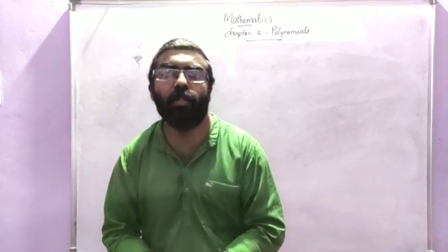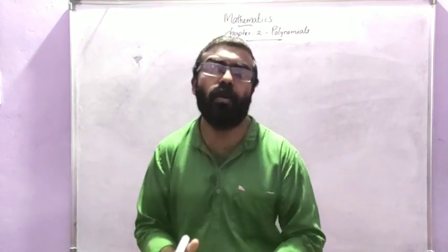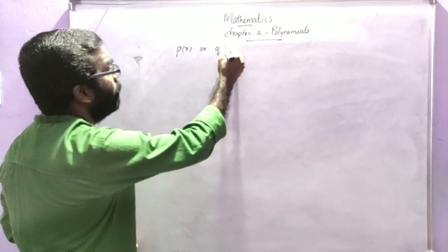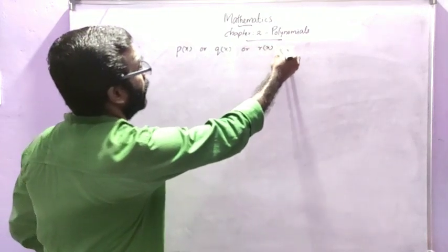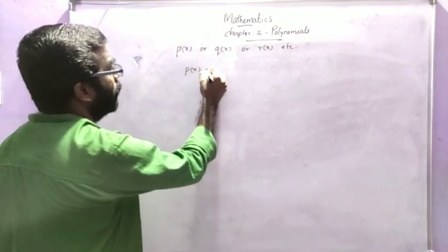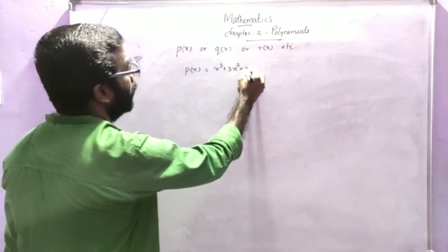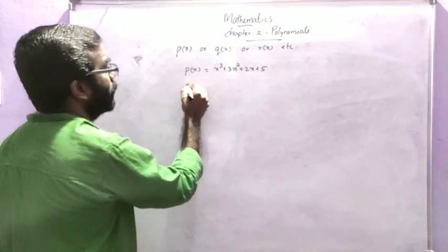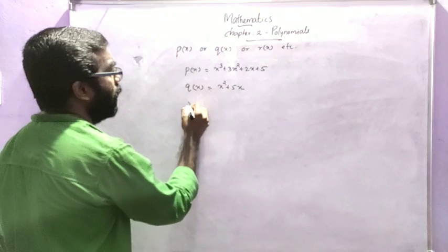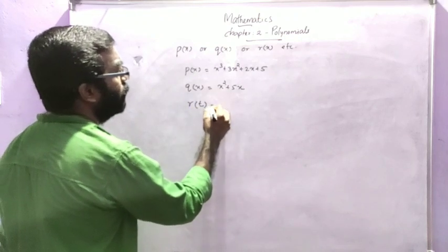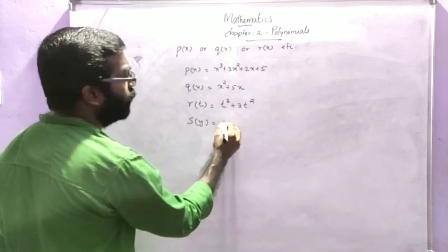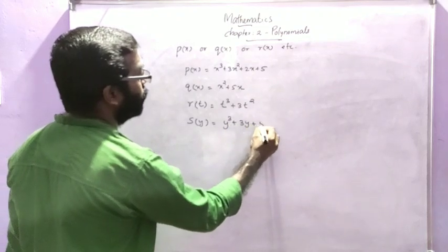If the variable in a polynomial is x, we may denote the polynomial by p of x, or we can write q of x or r of x, etc. For example, p of x is equal to x cube plus 3x square plus 2x plus 5, q of x is equal to x square plus 5x, r of t is equal to t cube plus 3t square, and s of y is equal to y cube plus 3y plus 5.